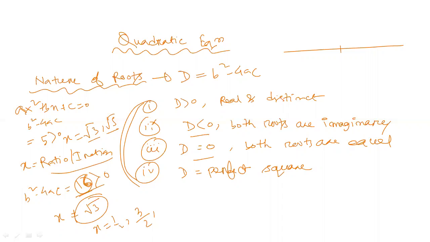Again, we have discussed one formula. What is the formula? Minus b plus minus the square root of b square minus 4ac, divided by twice a.